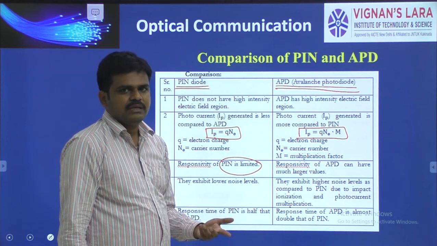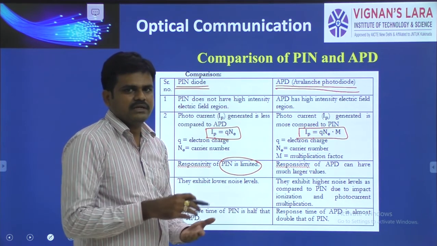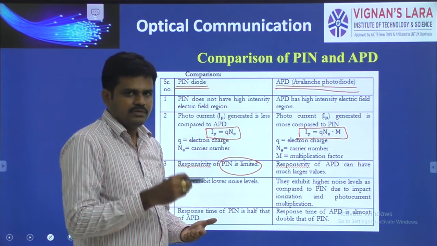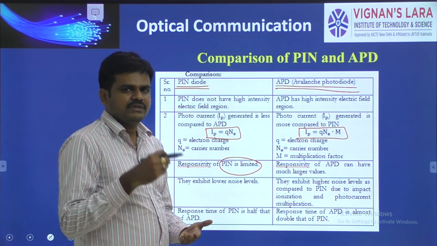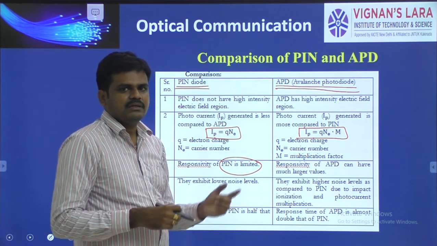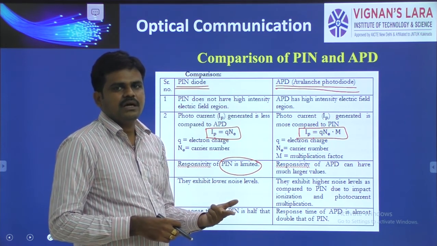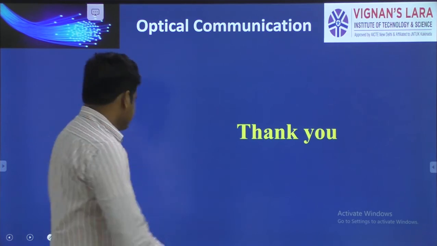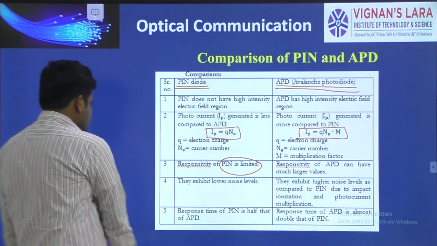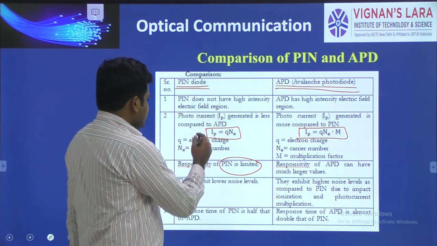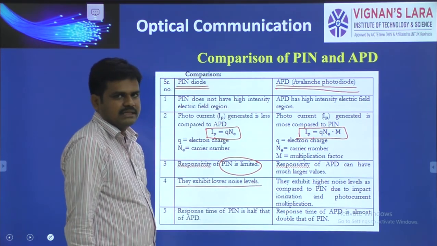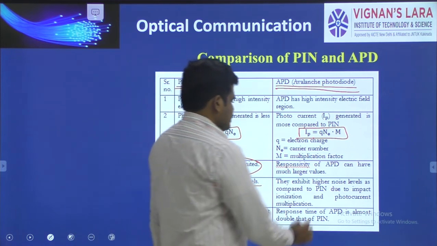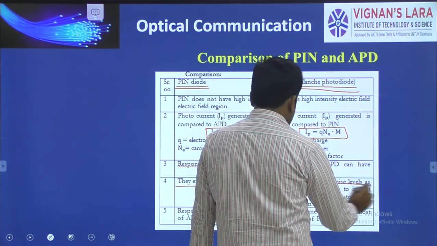As I said, responsivity means when the light falls on the diode, within very less time, the diode should be able to produce the output varying current. The next one is, in the PIN diode the noise levels are less, whereas in the avalanche photodiode noise levels are more.